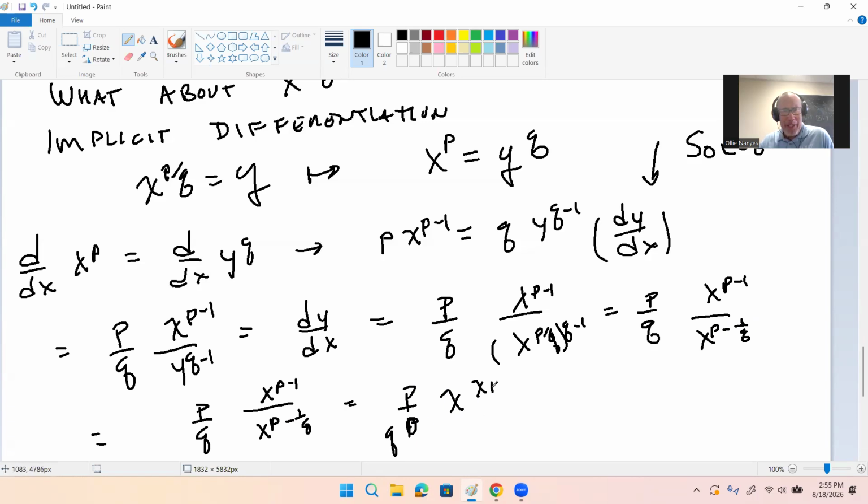Now we have x to the p minus 1. Now this is going to be another minus p over q. Right? Let's go ahead and work this out here.